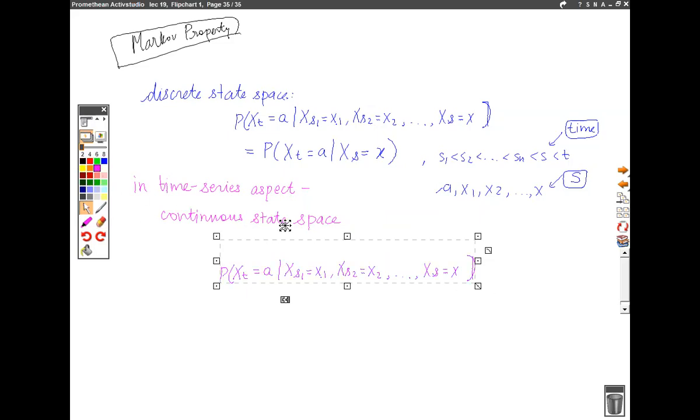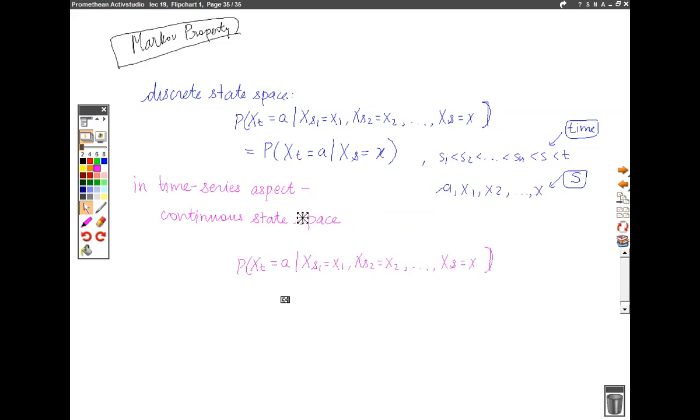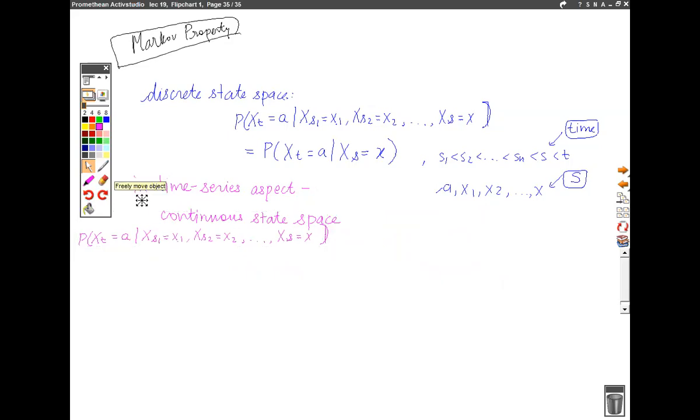My question is that if I'm looking at the continuous state space, can I write this for time series? So instead of a, it will be xt belongs to A, where capital A will be a subset of S, right? So we cannot write xt equal to a, because when I'm looking at a continuous state space, the probability that my xt takes one particular value out of all those infinite values will always be almost zero.